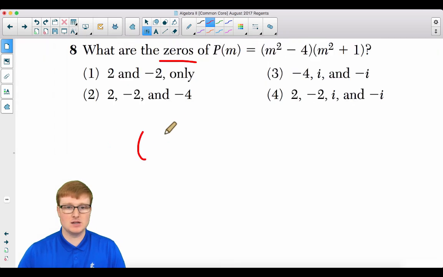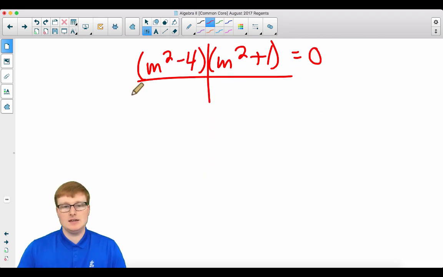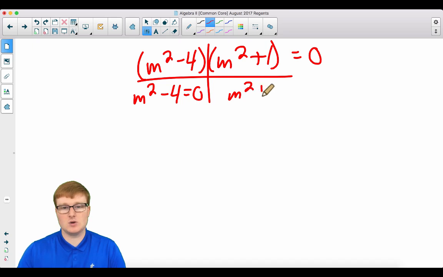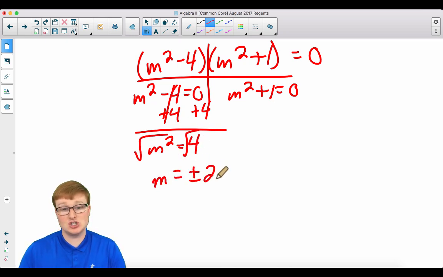Could you factor? Yeah, you could factor. But honestly, you could just do m squared minus 4 equals 0, m squared plus 1 equals 0. Add the 4 on both sides. You get m squared equals 4. Take the square root of both sides, and you get m is equal to plus or minus 2.